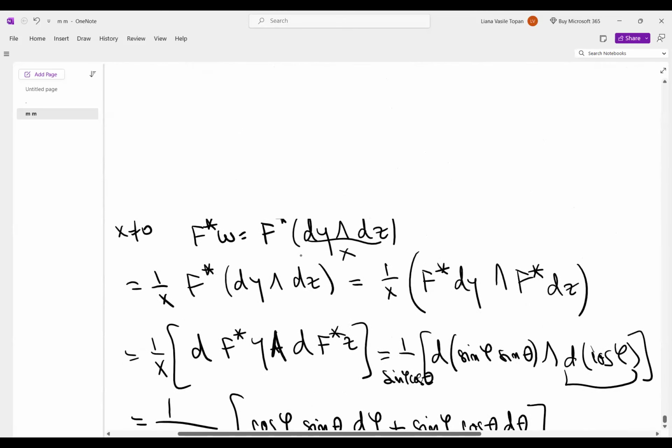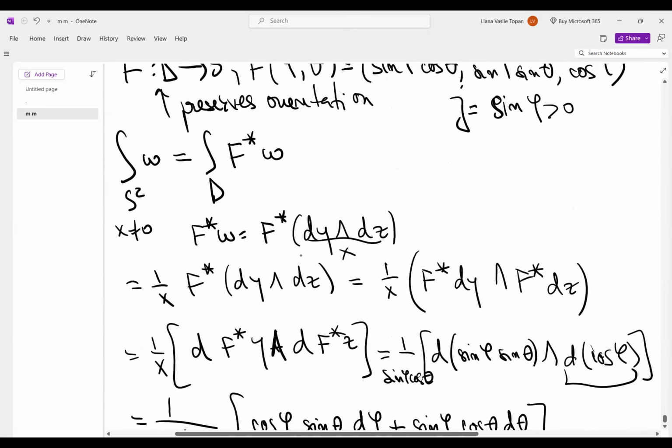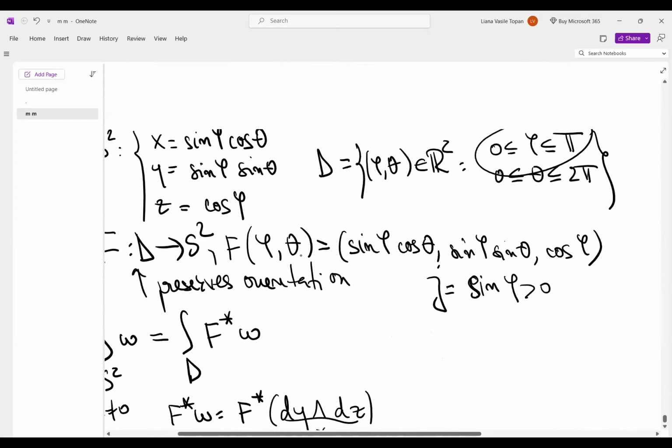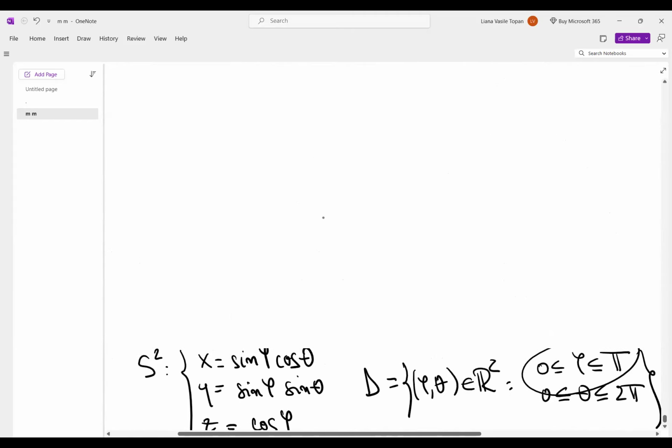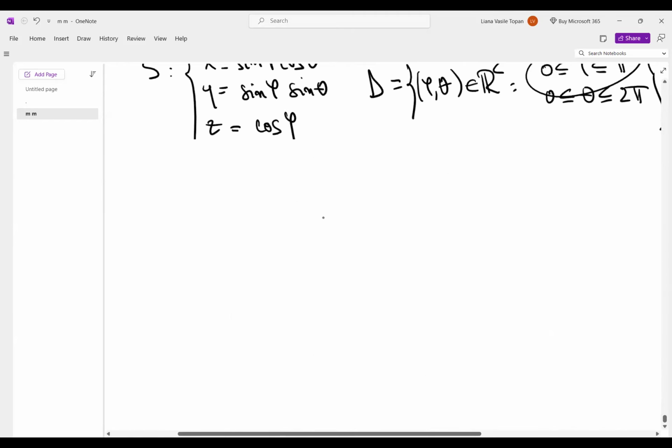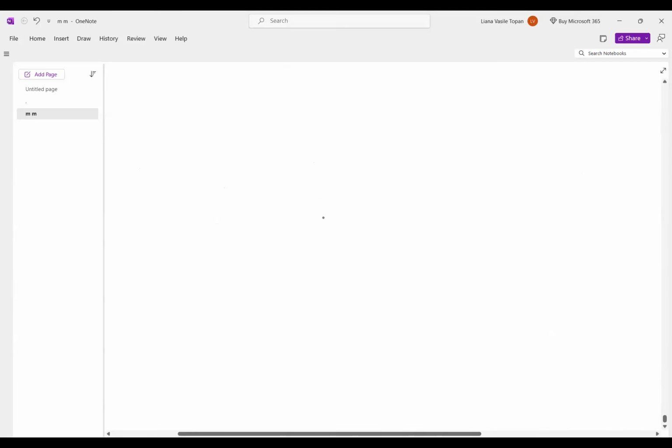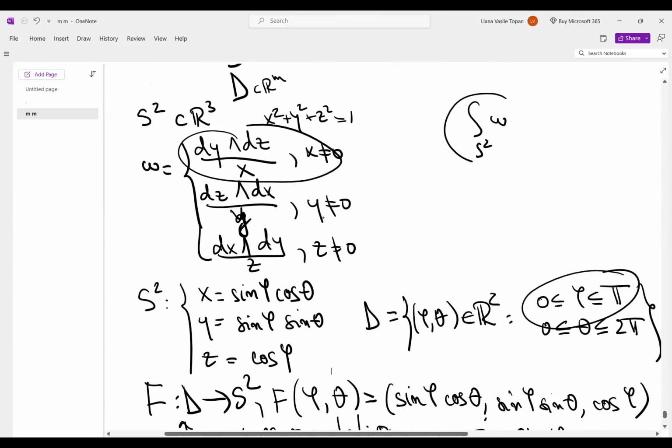And now if I take the expression of the form when y is not 0 and z is not 0, and I calculate the pullback, I get the same result, right? So we'll obtain the same result.